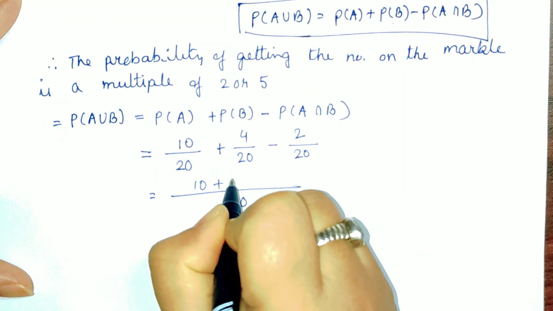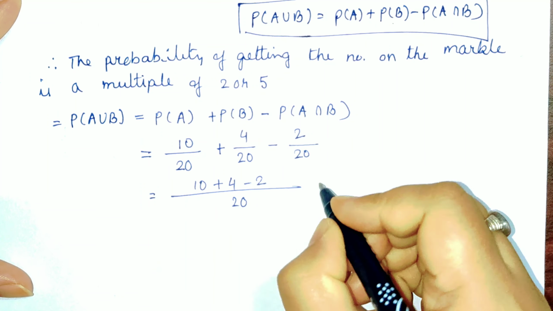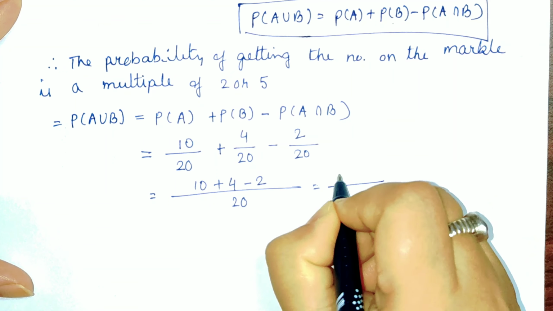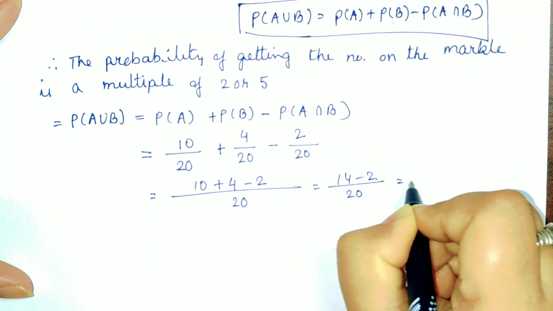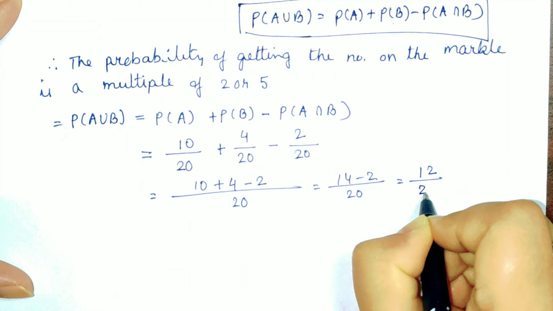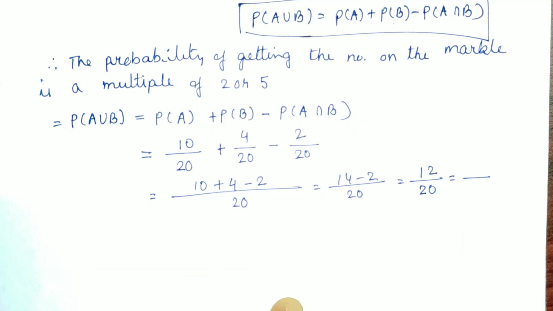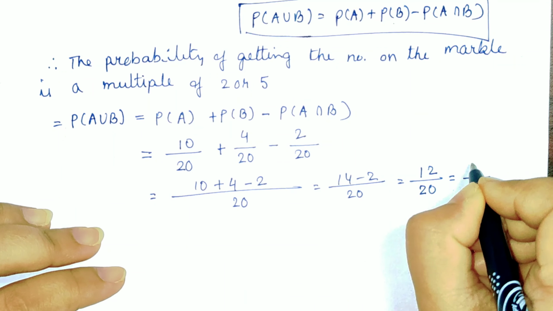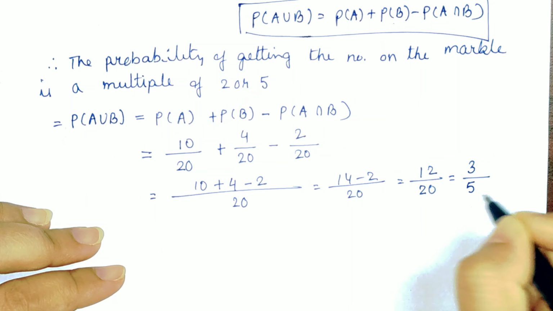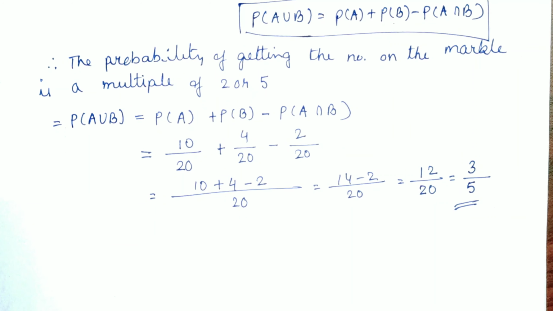It will give you 10 plus 4 minus 2, 14 minus 2, 12 over 20. Then divided by 4 it will give you 3 by 5. So in this way, whether it is mutually exclusive or not mutually exclusive, we can find out the value.